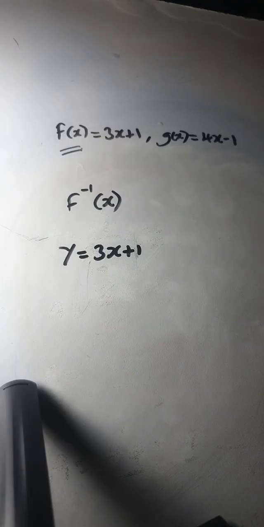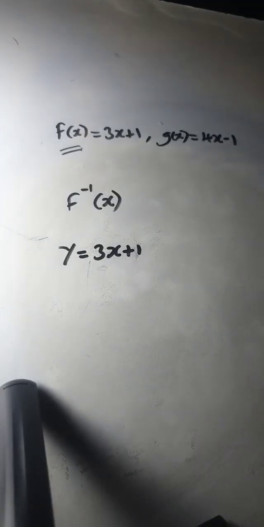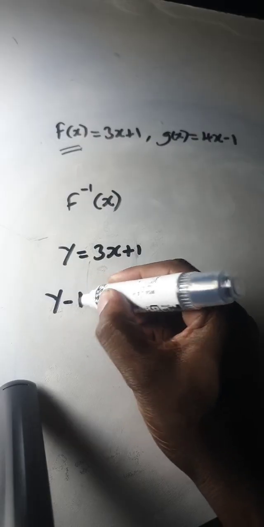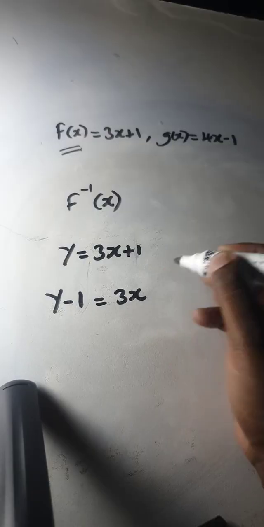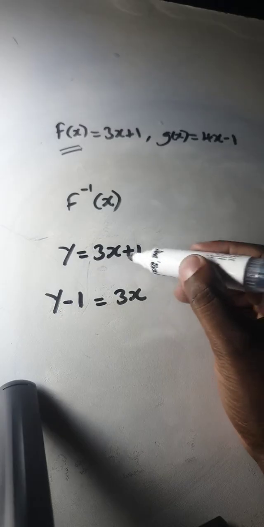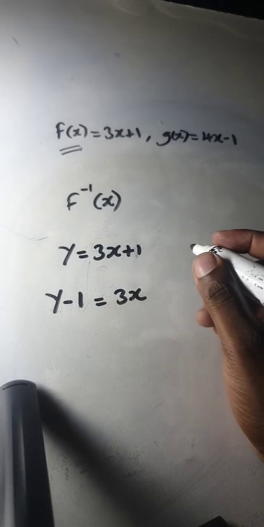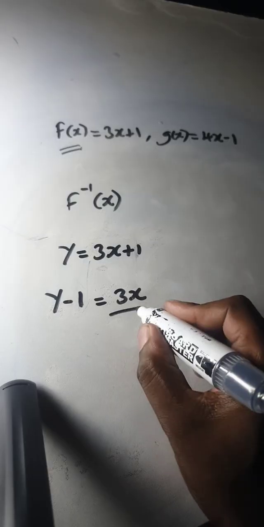So that means this positive 1 will go to the left side, and by additive inverse, of course, it becomes -1. So y minus 1 equals 3x. We subtract 1 from both sides so that it can be subtracted out here. That's what we mean by additive inverse. Then we divide both sides by 3.